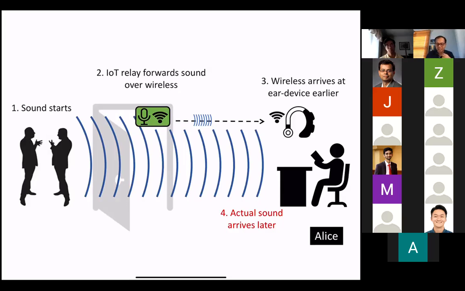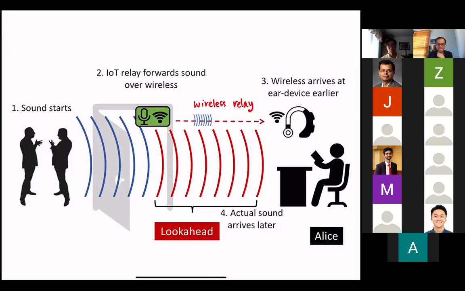Or rather, Alice's earphone has already seen that sound signal. So in some sense, because of this wireless relay, Alice's device gets a look ahead into the future. And this look ahead is essentially a time cushion. I'm seeing more of the signal beforehand, and I can utilize this look ahead for useful noise cancellation.